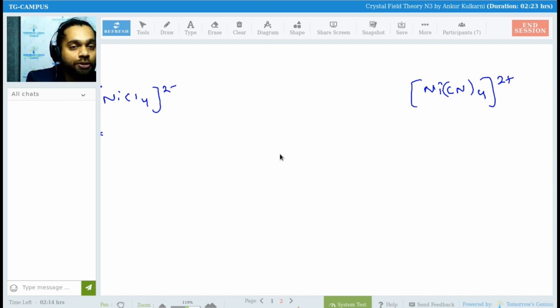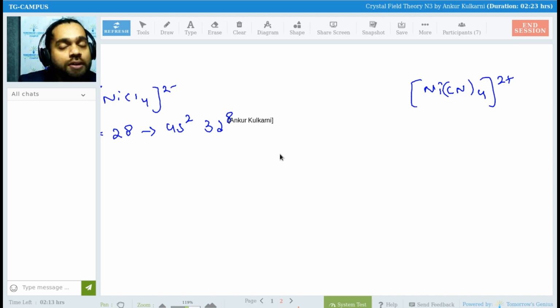Correct, it is nothing but 28. So if I write down the electronic configuration, please remember it is 8, so 3d8. Remember like this: 4s2, 3d8. So we have nickel 28, 4s2, 3d8.